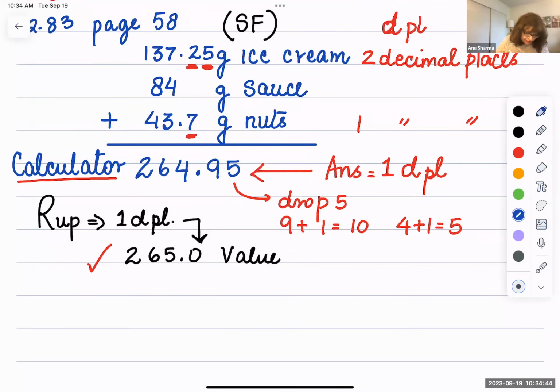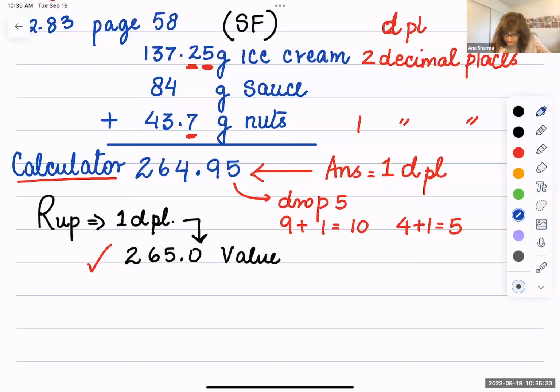Next, let's look at another example. Let's do some multiplication problems.